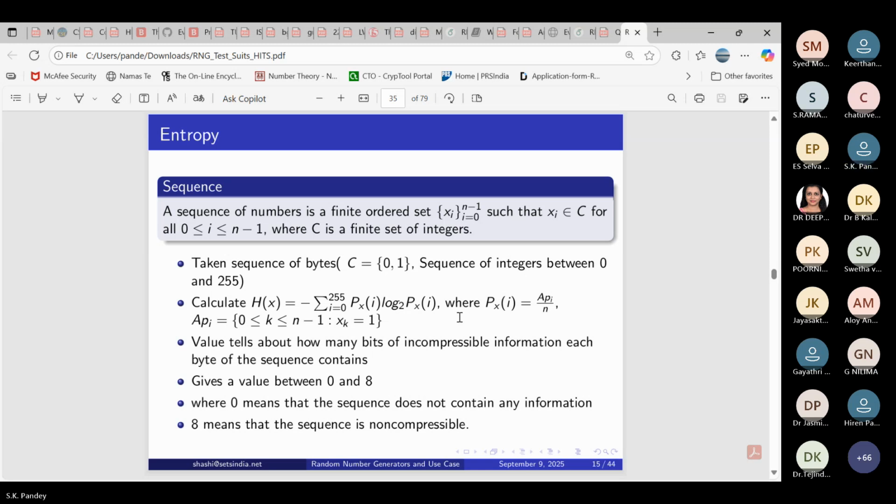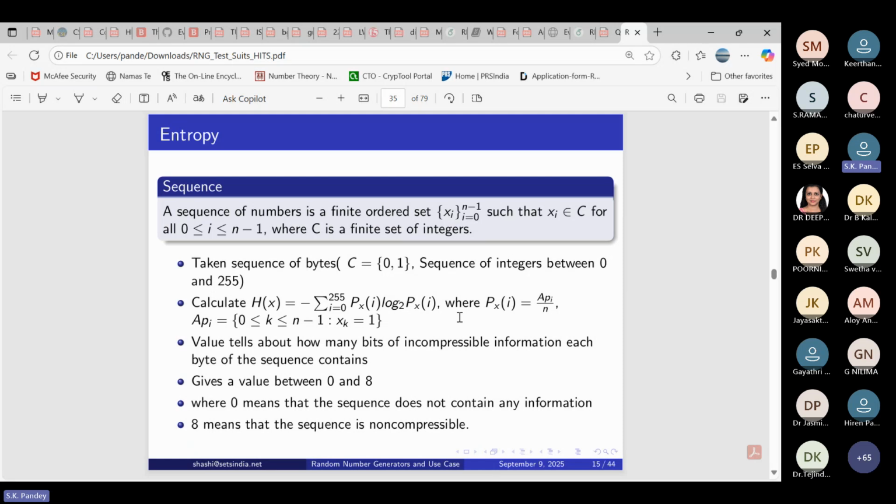In this entropy test, or ENT test, the sequence is divided into a finite ordered set. If you have a binary sequence, it is taken as bytes: each byte is given one value, and the next byte is given another value.